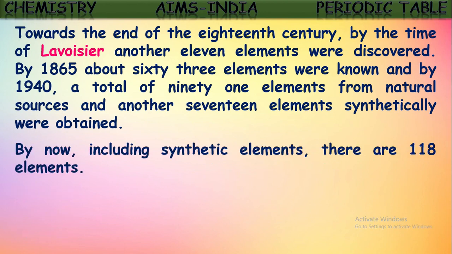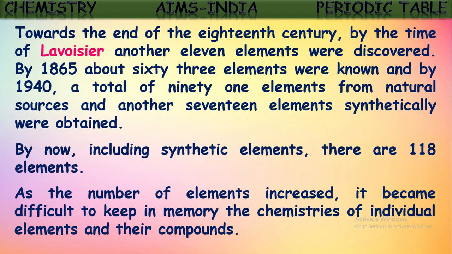By now, including synthetic elements, 118 elements have been discovered so far, mostly naturally occurring elements with some synthetic ones.